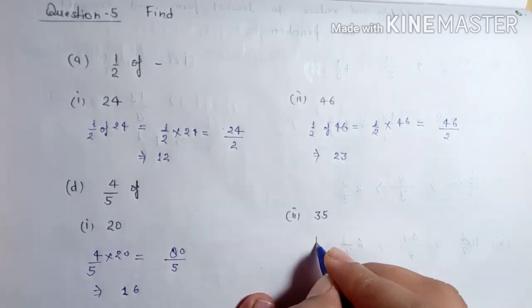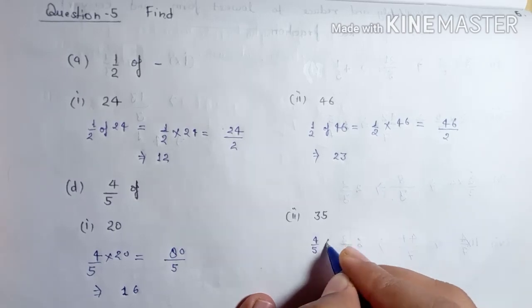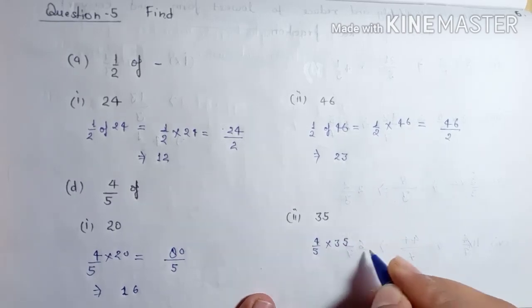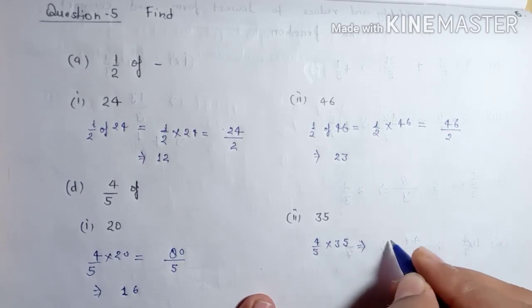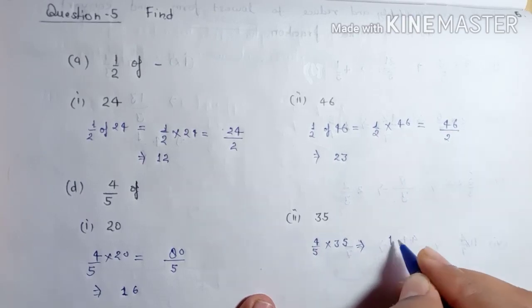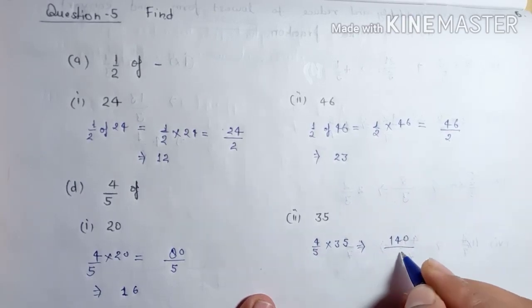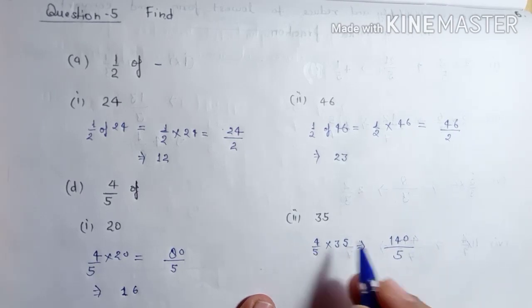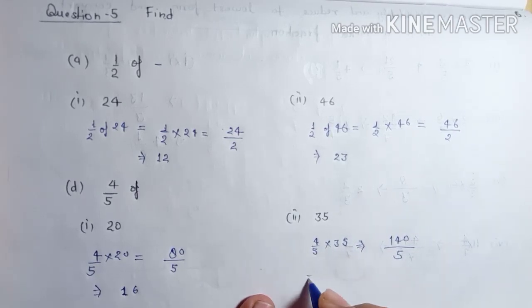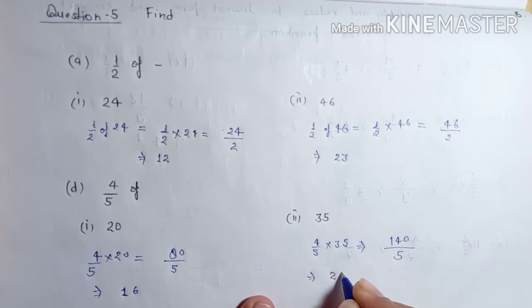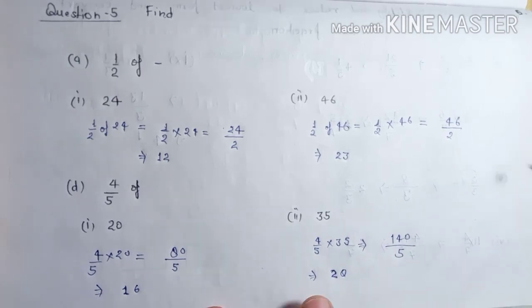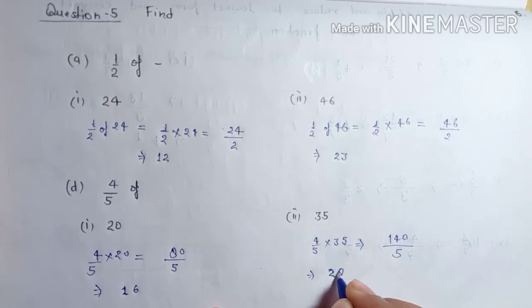So simply multiply 4 upon 5 and 35 and you will get 140 upon 5. Multiply this 35 and 4, you will get 140, and now divide this 140 by 5, you will get 28. So 140 upon 5 is 28. This is 8, not 20. Okay, 28.